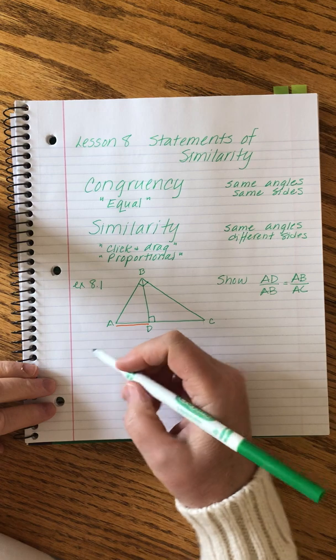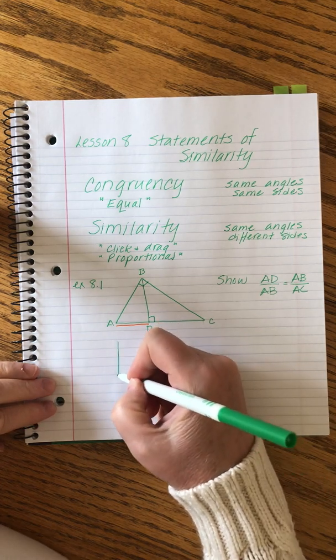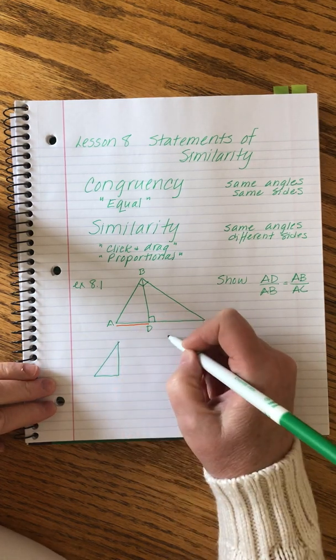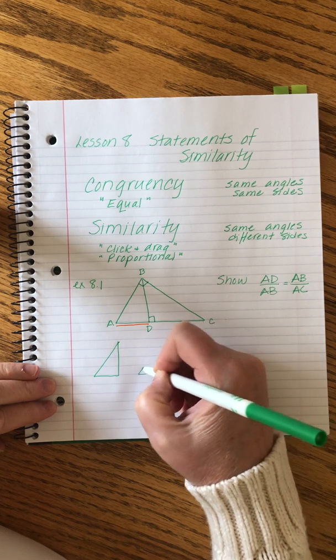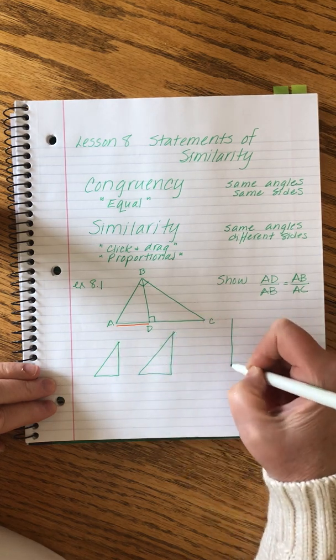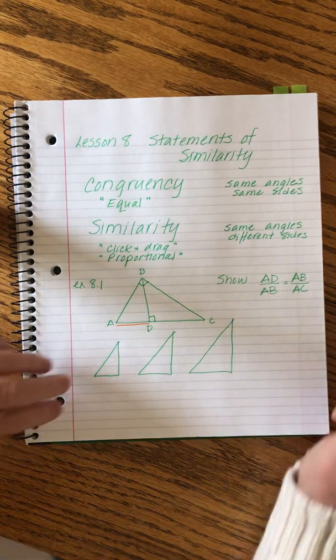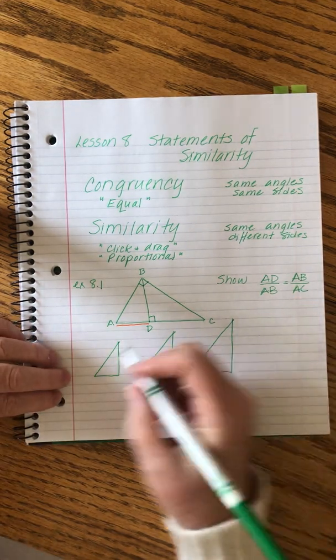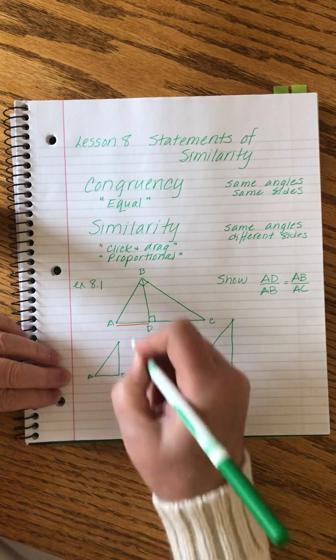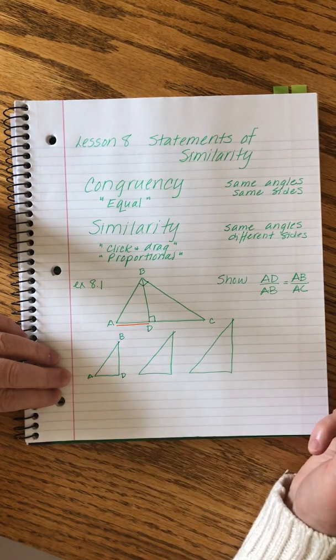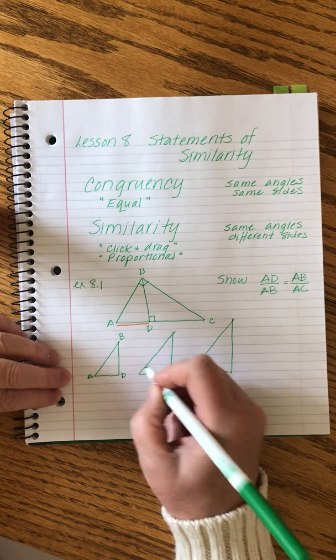Okay, let's do baby bear, mama bear, and daddy bear. We know they're all proportional. We just have to figure it out. They look like they're tipping over, but it's okay. A, D, and B. That is our baby bear, right?